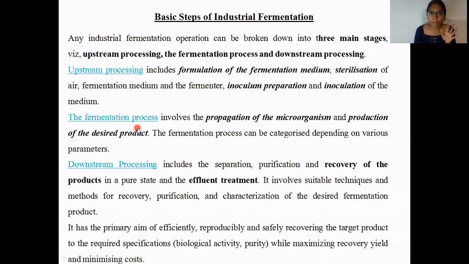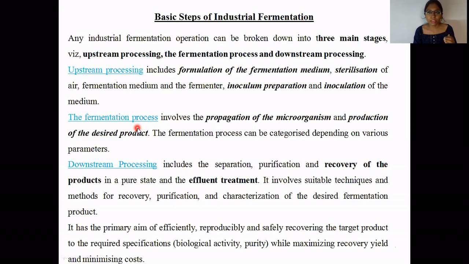Now you know the basics: fermentation or bioprocess technology is any process in which we are using microorganisms to make a product, but that product should be helpful to mankind, or helpful for the overall development of human resources. That's why we are going to study this.